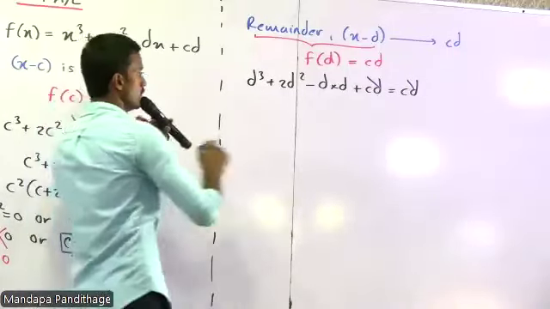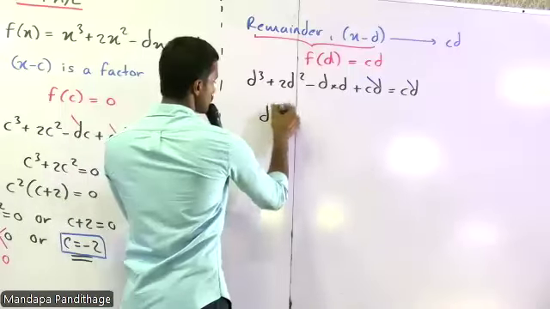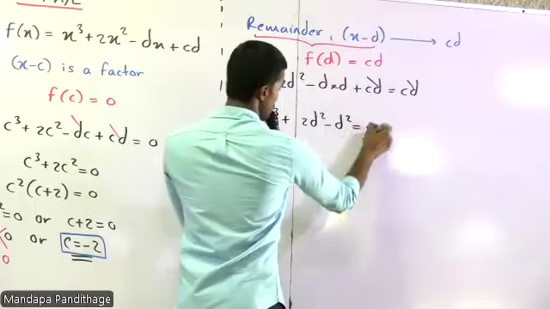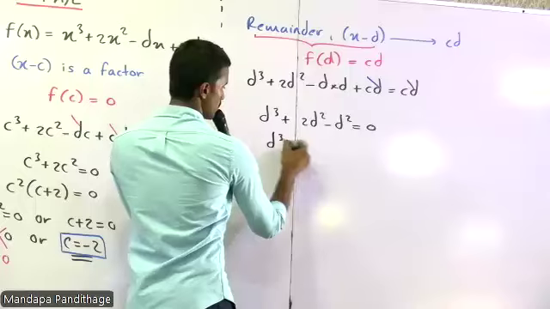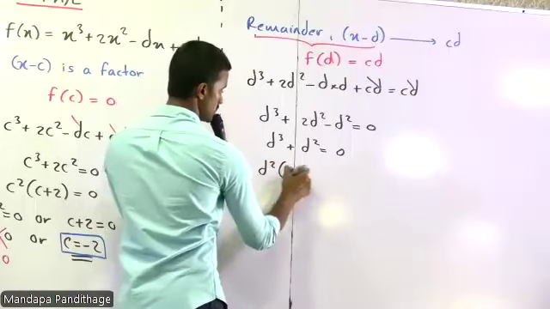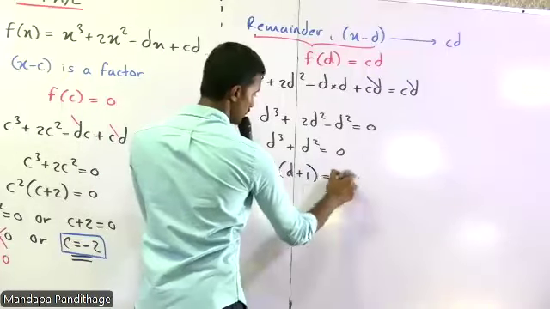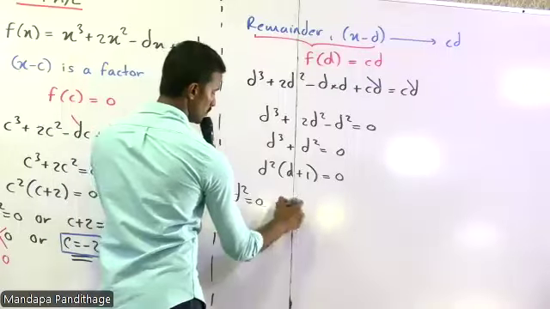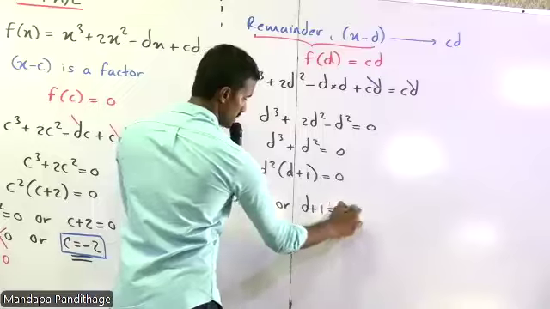I have d cubed plus 2d squared minus d squared is equal to 0. Okay, so d squared is common. You got d plus 1. And I get two answers, that d squared is equal to 0 or d plus 1 is equal to 0.